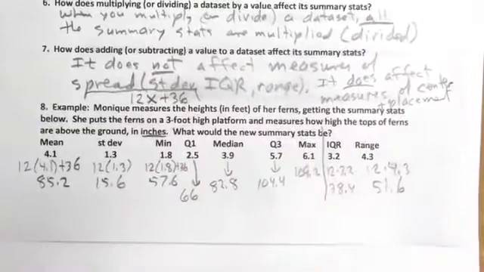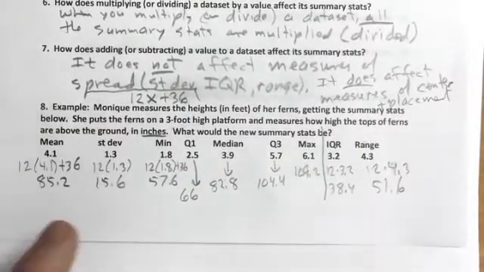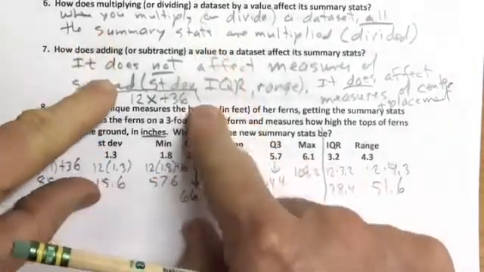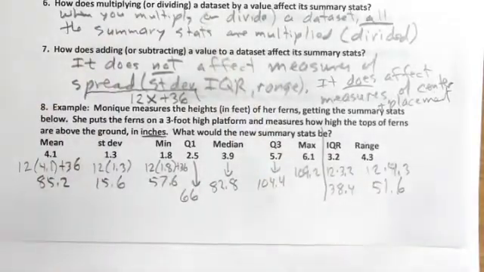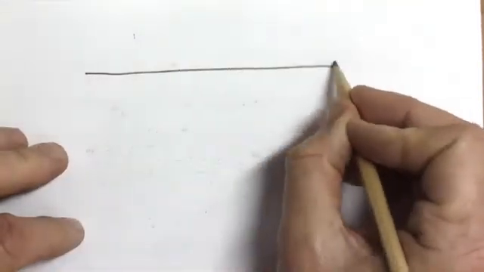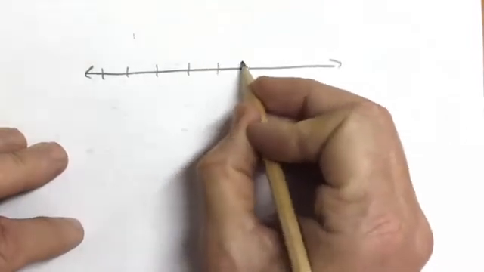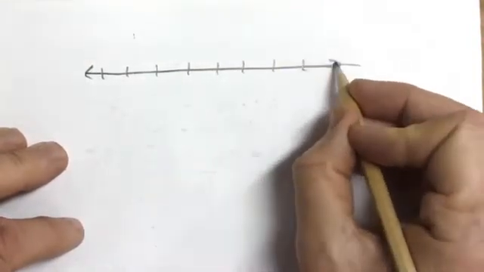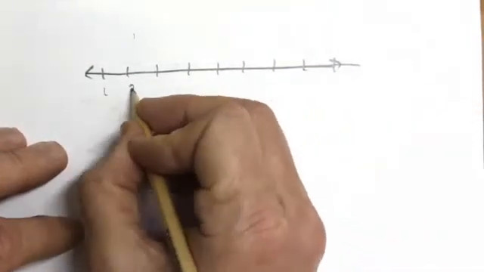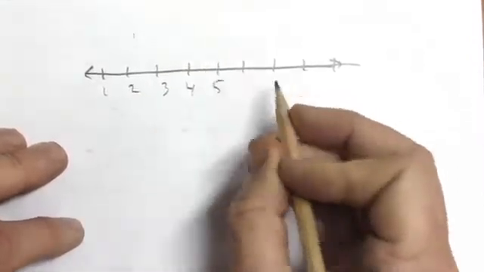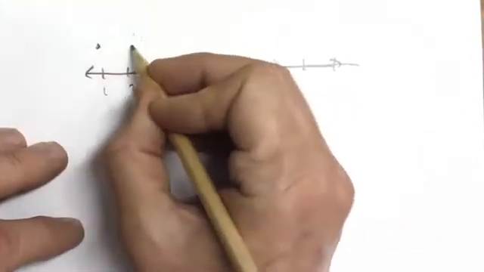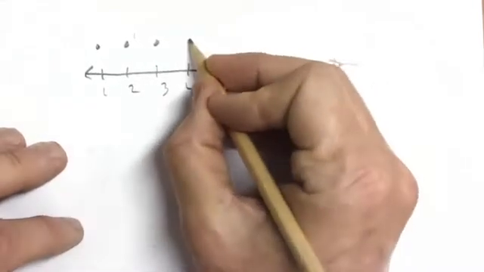Let me quickly try to explain why this fact is true in regards to transformations. Let's say we had a data set, and let's pretend it's the numbers 1, 2, 3, 4, and 5.